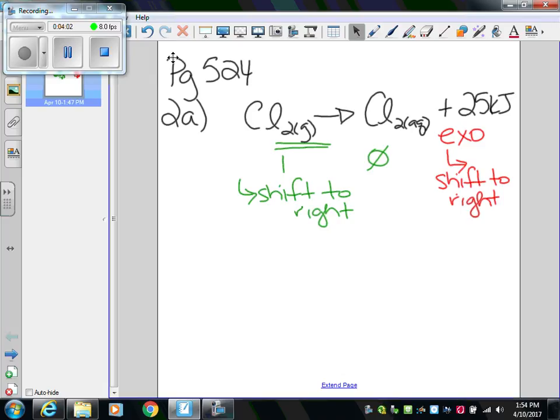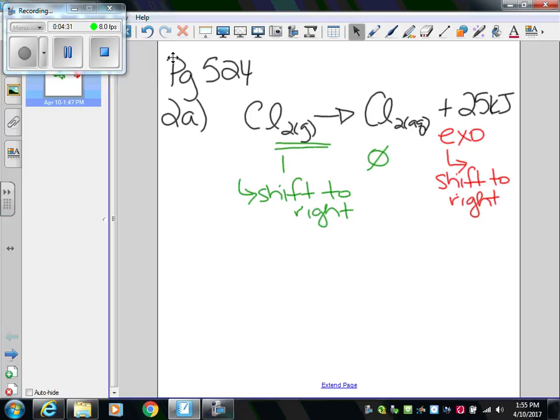Because your reaction wants to be more random. It wants to have more space between the molecules, it wants to be able to move more. So it's going to shift to the side that has more space. Your little particles are going to move all over the place. Is that better? A little bit? As we work through it, I'm sure it'll come.